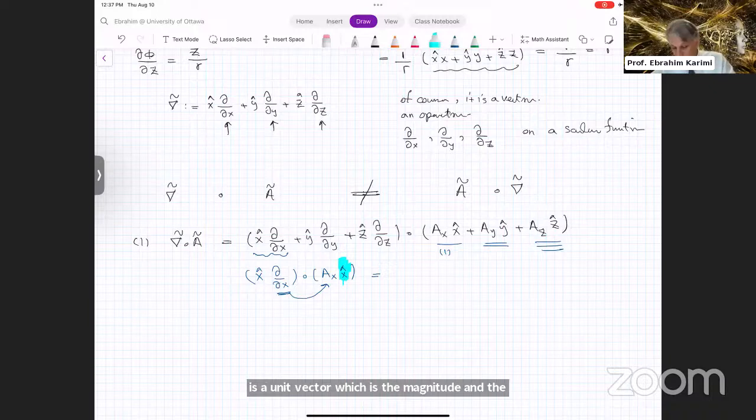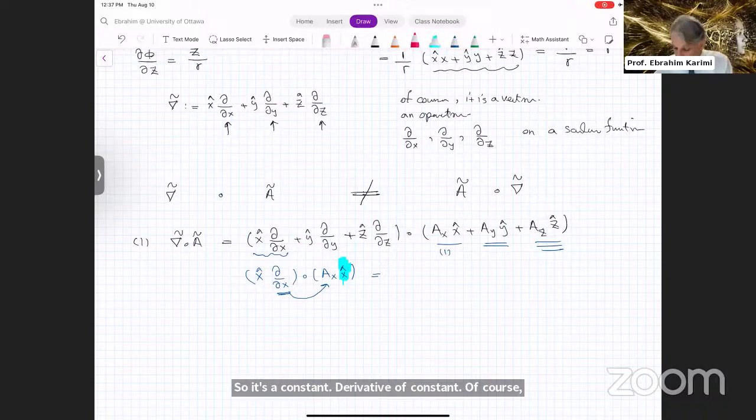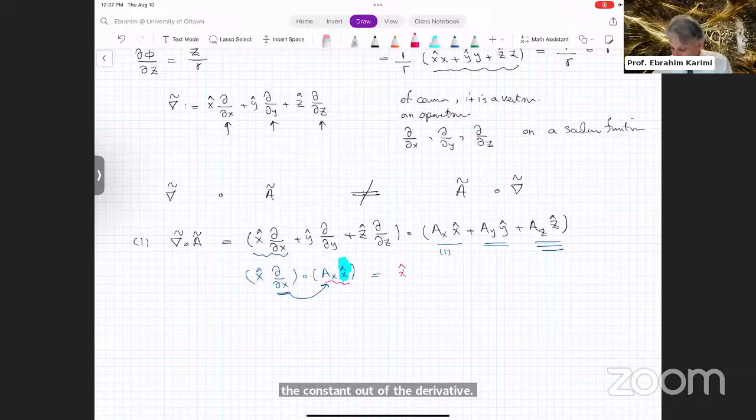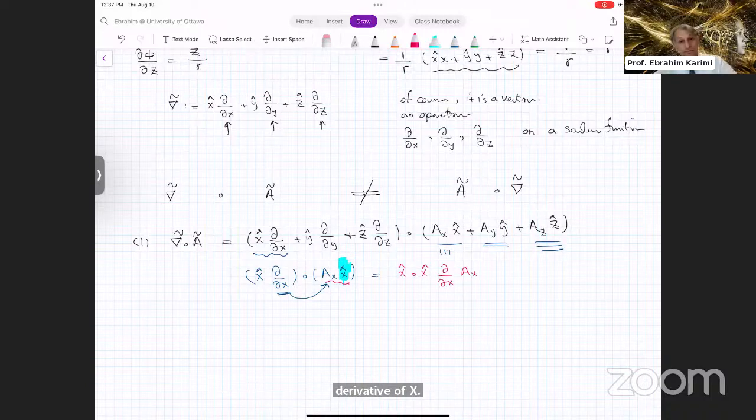So it's a constant. The derivative of a constant is of course zero, and for a function multiplied by a constant, you can easily take the constant out of the derivative. So you will have x hat dot x hat, derivative of x of ax. Do you agree, guys? Any questions?